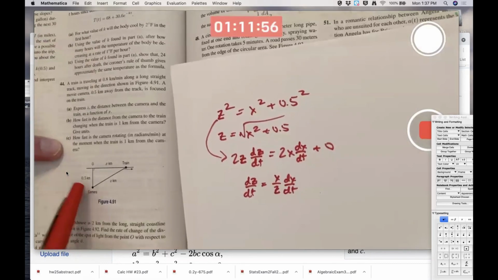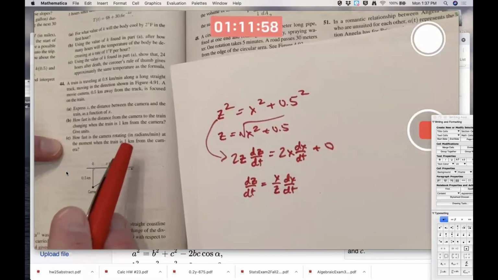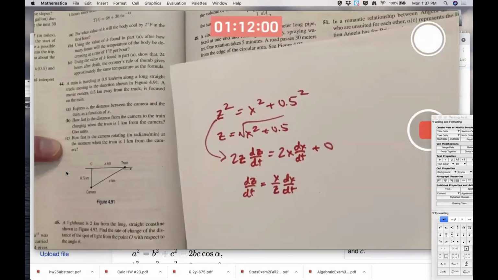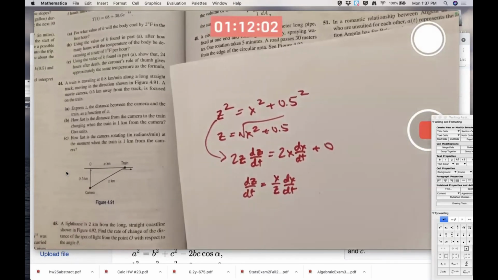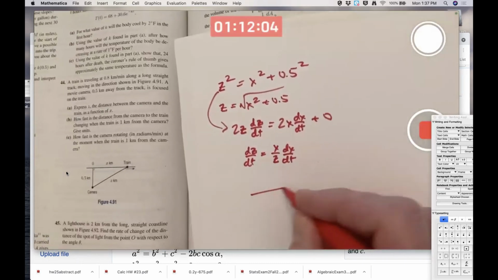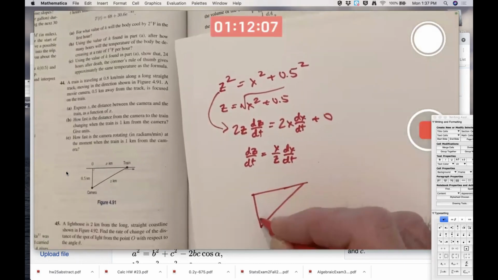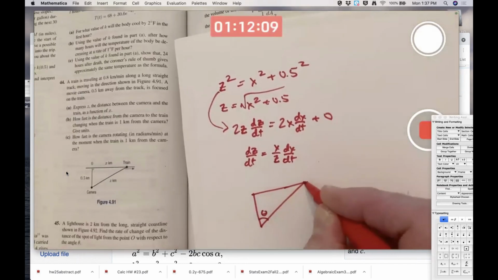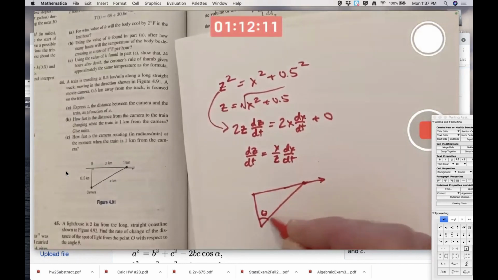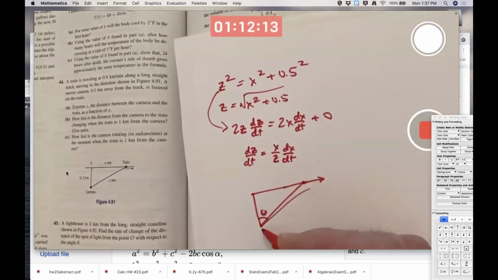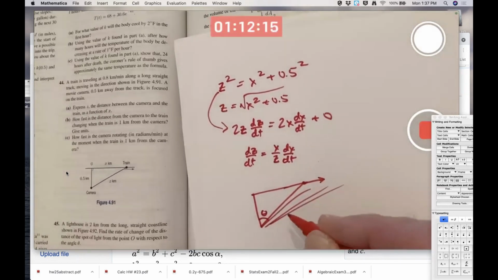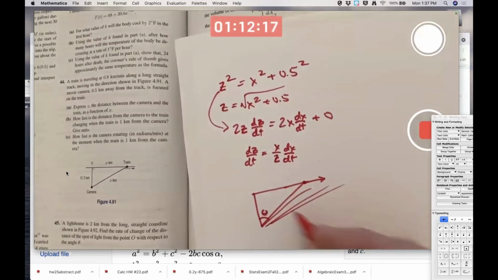For part C, we're talking about how fast a camera is rotating in radians per minute. We need to bring an angle into play. This angle here. And as the train moves further and further away, this angle gets bigger and bigger. The triangle looks more and more like that as the train moves.